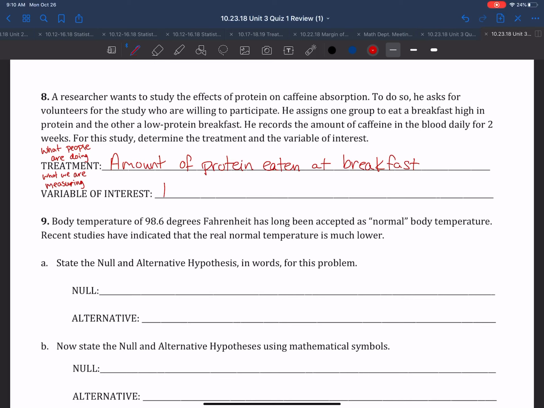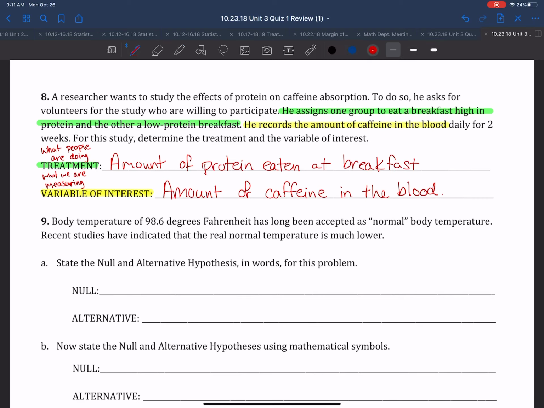So we want to figure out the amount of caffeine in the blood. So I'm going to highlight this here. We've got, he records the amount of caffeine in the blood. That's our variable of interest. And then, where is it? He assigns one group breakfast high in protein and the other low in protein, and this is our treatment.